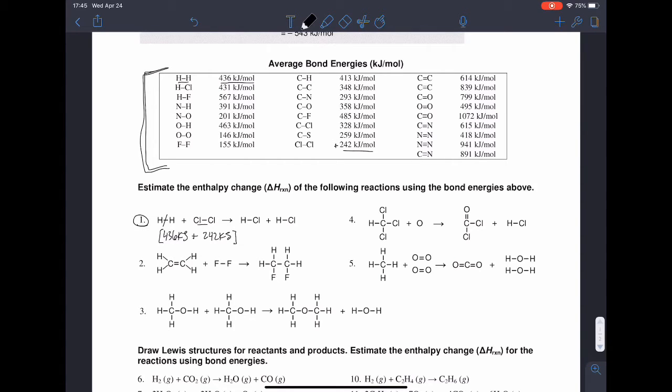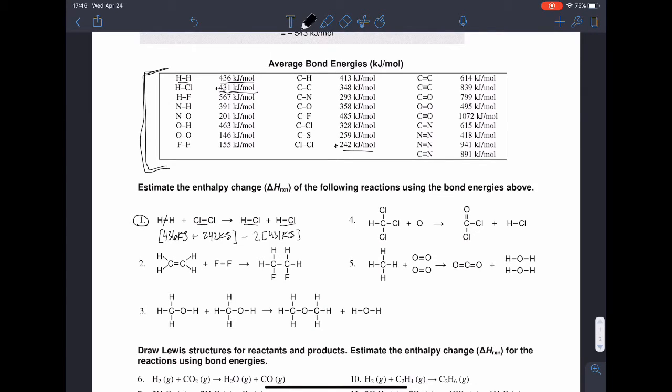All right, so that is the bonds broken side of things minus the bonds formed. So I have HCl, HCl. So I have 2 hydrogen chlorides or hydrochloric acids. Now here is my value up here of 431. Now I have 2 of that 431 kilojoule value, right?